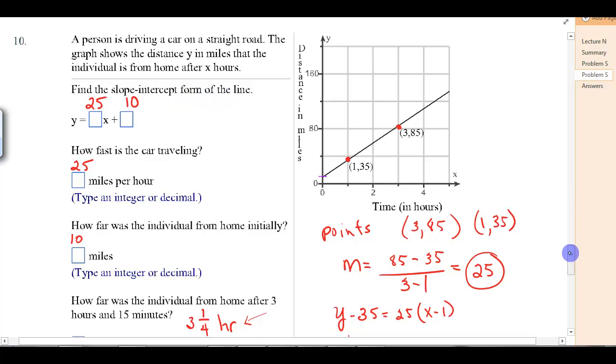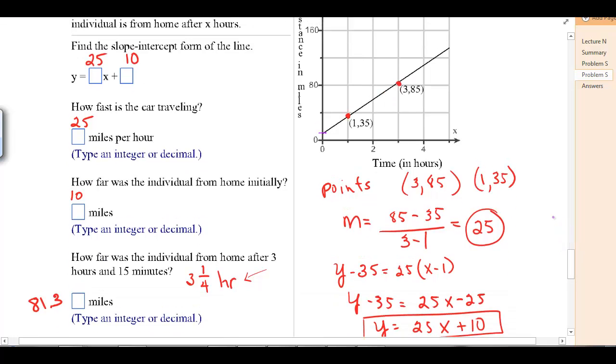Well, we have 2 points. We need a slope. Here's 1 point. Here is the other point. Let's find the slope. We subtract the y's, subtract the x's. We get 25. Now we'll pick a point and put it in the point-slope form. You could use either one. I always like to use something that has 1 in it. That's easy to play with.